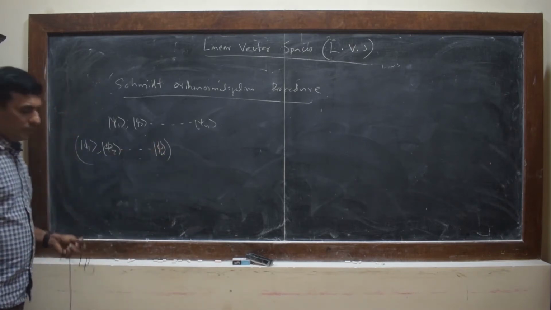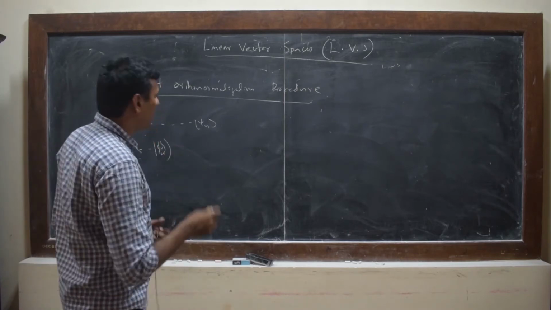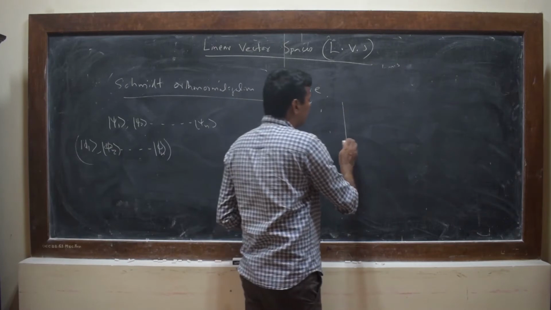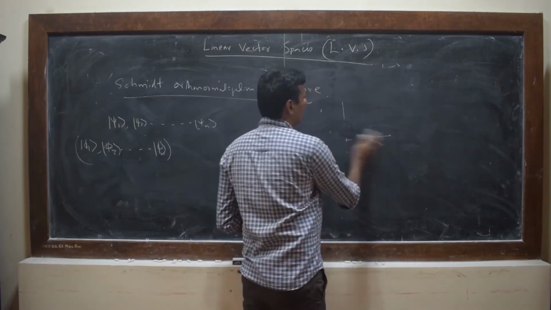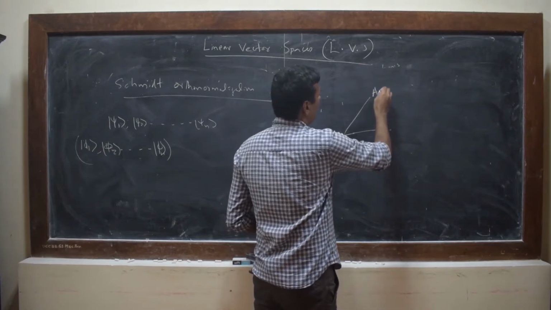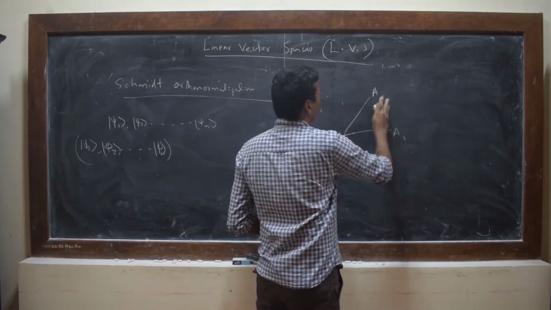Okay. So, what I do is, I will take the first. You can just think like this. Suppose you have two vectors, in the usual sense, say a1 and a2.